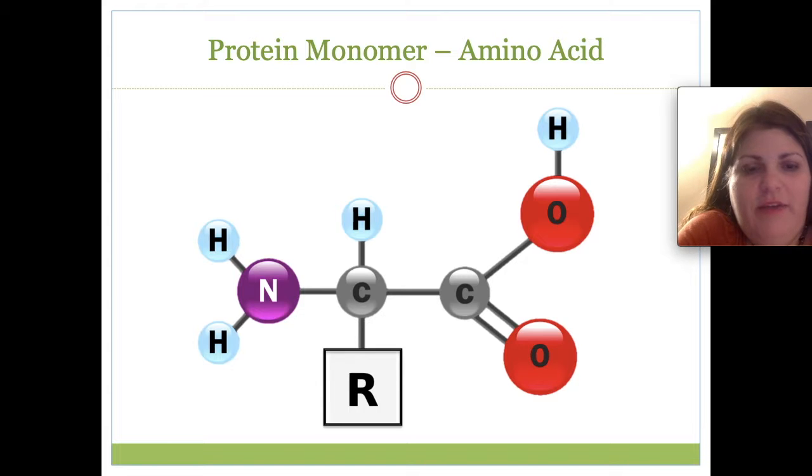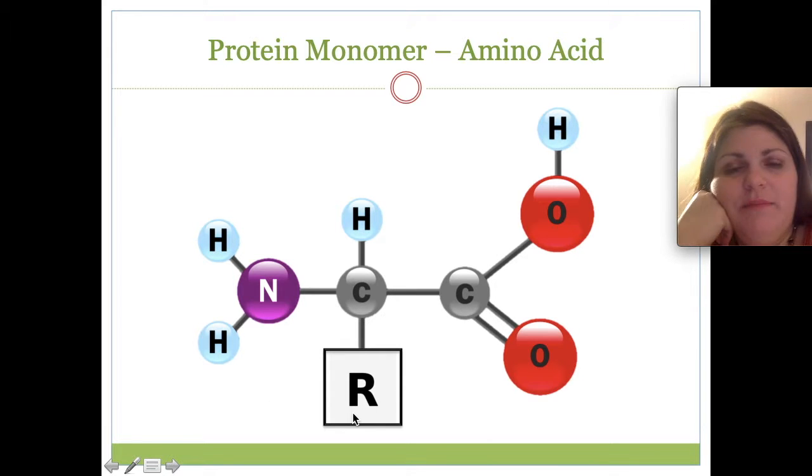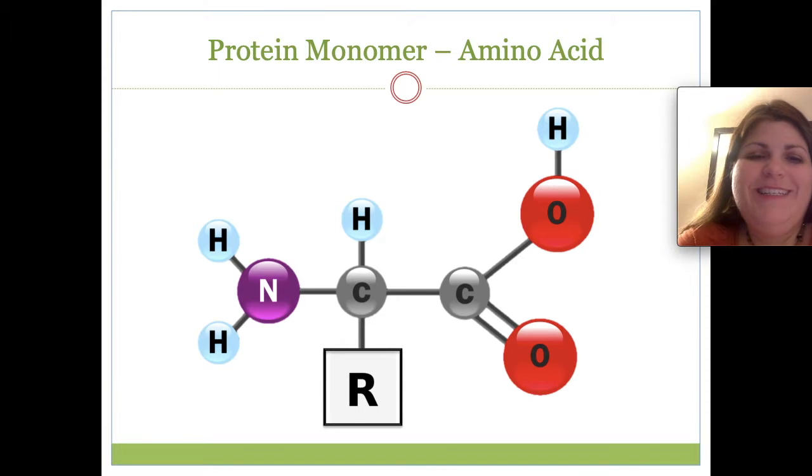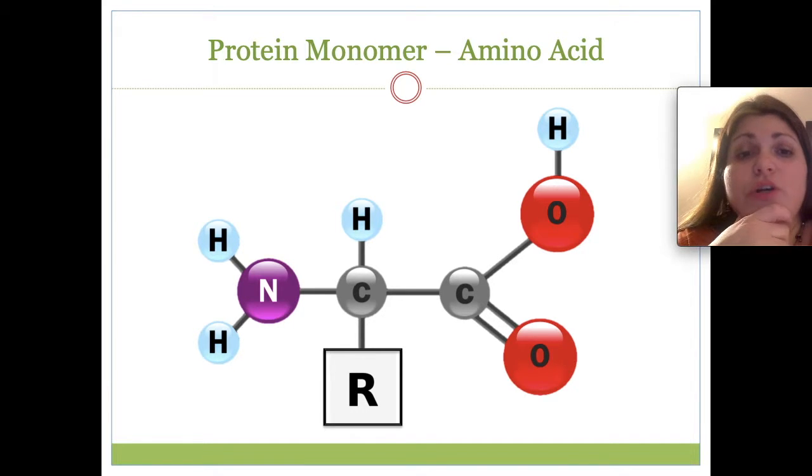So this diagram here represents the basic structure of an amino acid. The R is what we call a side chain. In biology, there's 20 different amino acids that we're going to be concerned about, and those 20 different amino acids differ by what this side chain is. It could be a carbon with 3 hydrogens on it. It could be a whole bunch of carbons and hydrogens on it. There's a variety of things that it could be.